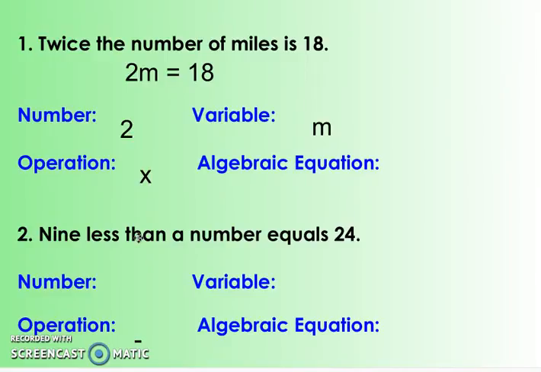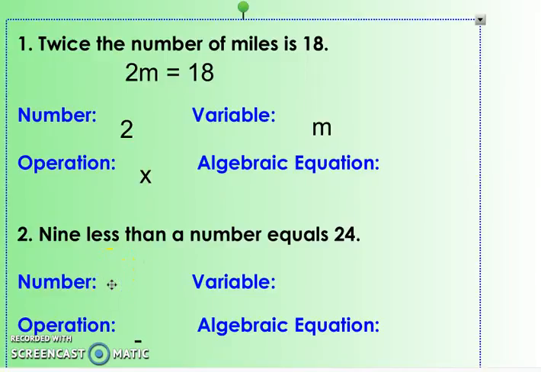It came second. So how about 9 less than? The 9 is actually going to come second. We're taking away 9 from whatever number we have, and we don't know what the number is, so we're going to say n for our number, and we are taking away 9. Then equals means the equal sign, and then 24. And so that is my answer.